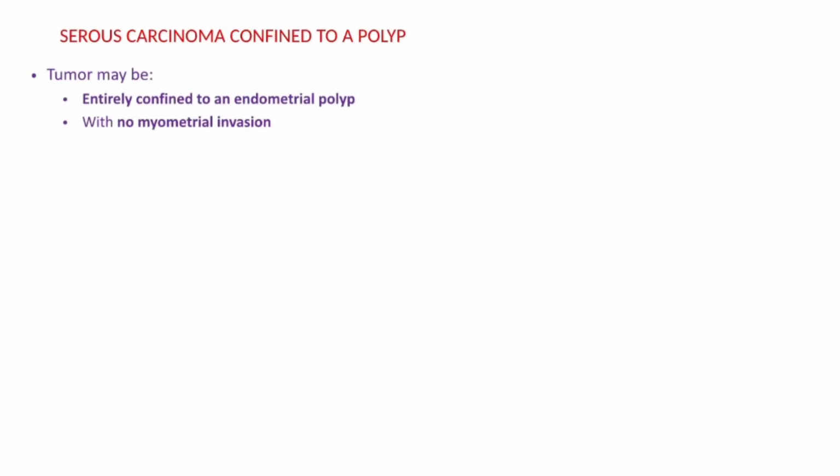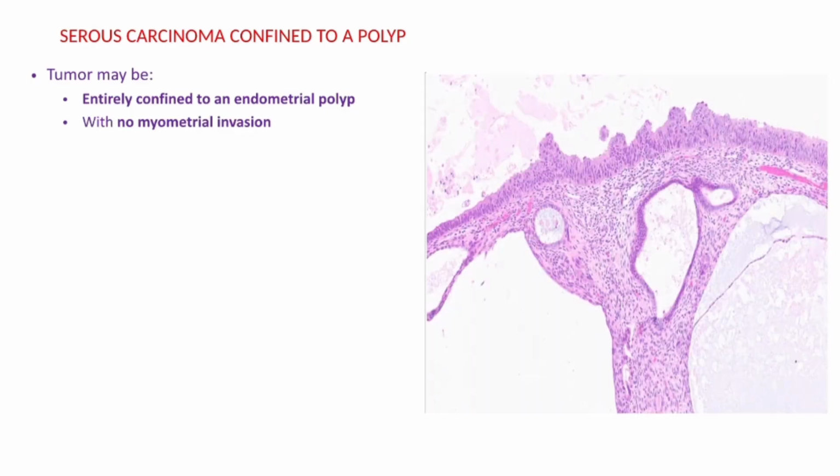Now this is a serous carcinoma confined to a polyp, a very small polyp present in endometrial cavity, may show high grade features of serous carcinoma without any myometrial invasion.